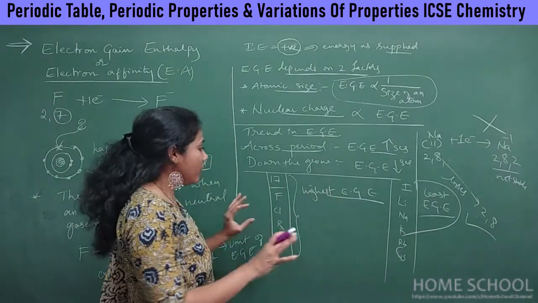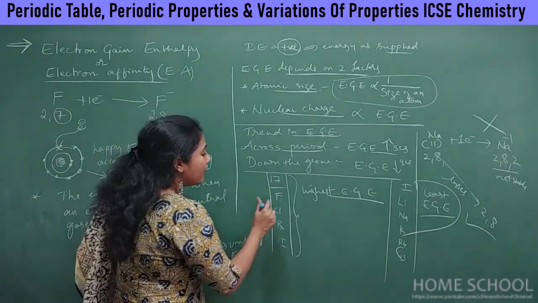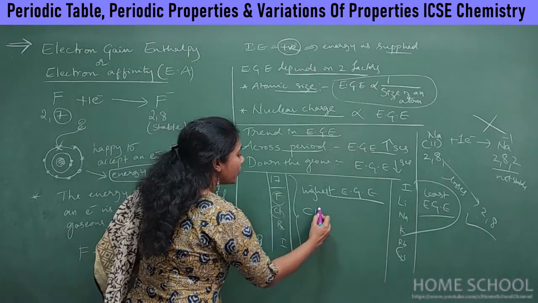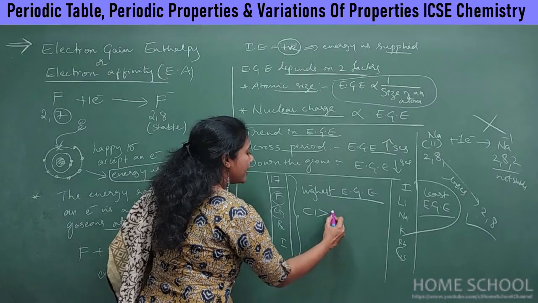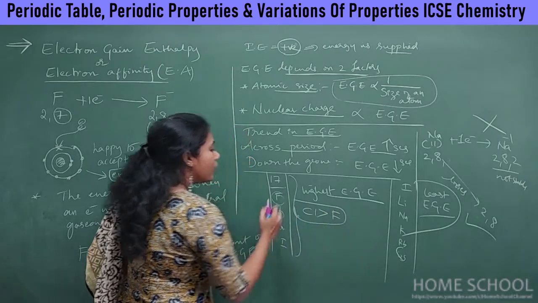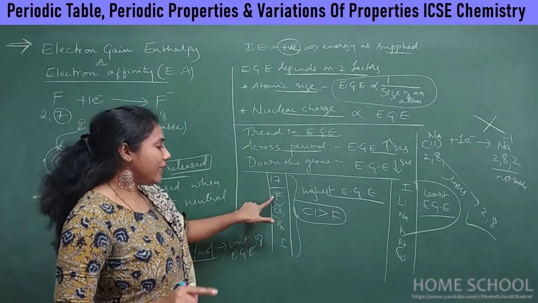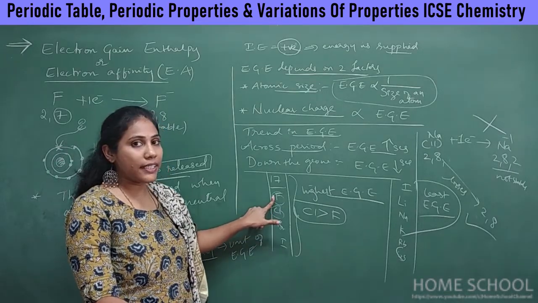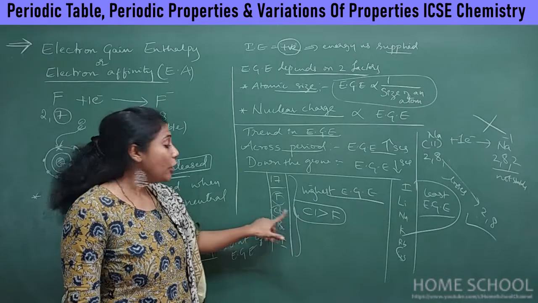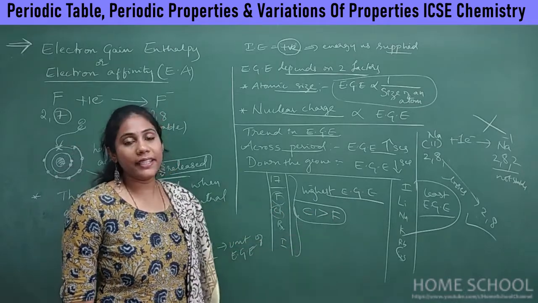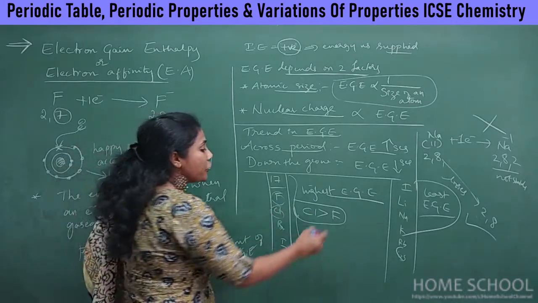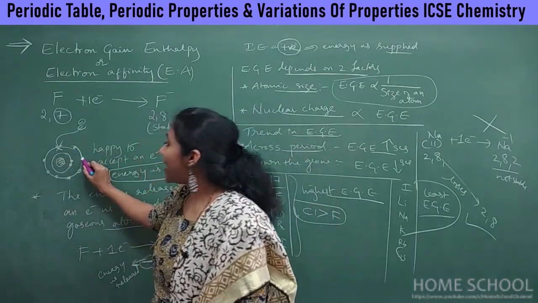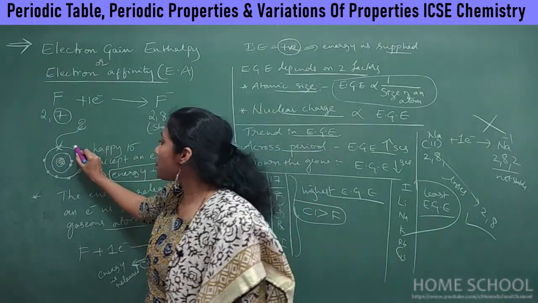Okay, and again one more point, try to remember. Among fluorine and chlorine, chlorine will have higher electron gain enthalpy than fluorine. We know that fluorine is much smaller than chlorine, so fluorine should have more electron gain enthalpy, but it is opposite. Chlorine will have more electron gain enthalpy. It's because fluorine's shell already has 7 electrons, and it's a small shell.